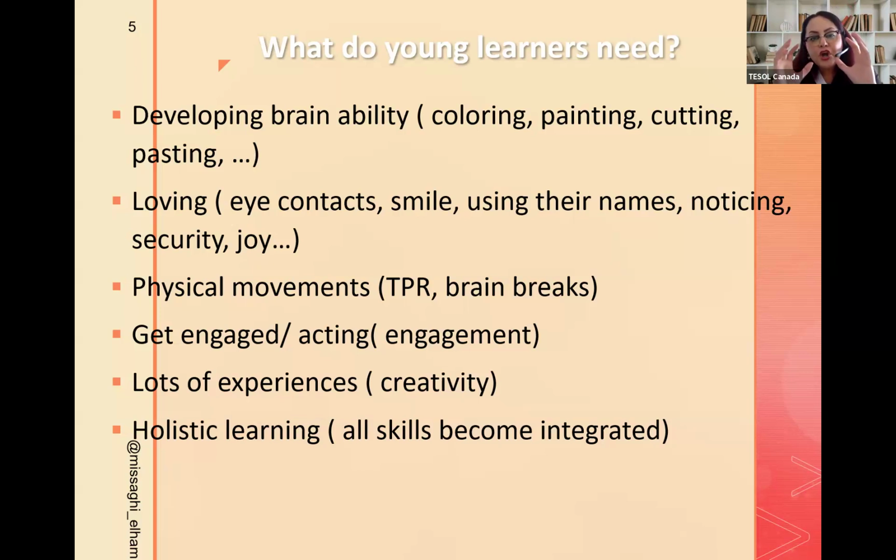So you put them in context: a little bit they read, then they write and take notes and share it with you, then they listen to the audio, then they talk about the topic. That is holistic learning. So all the skills become integrated.